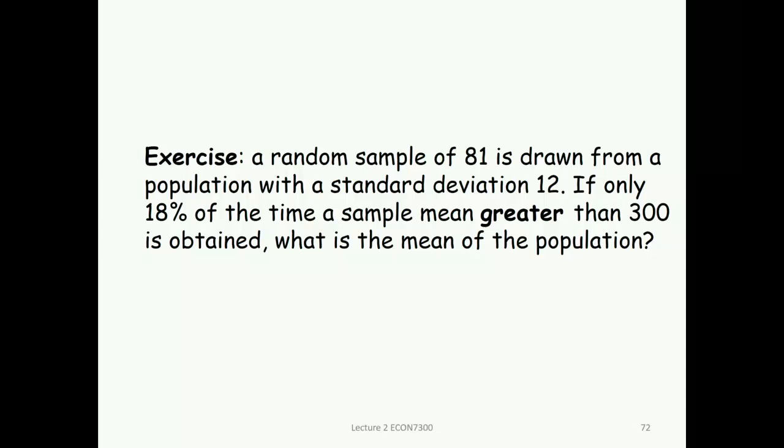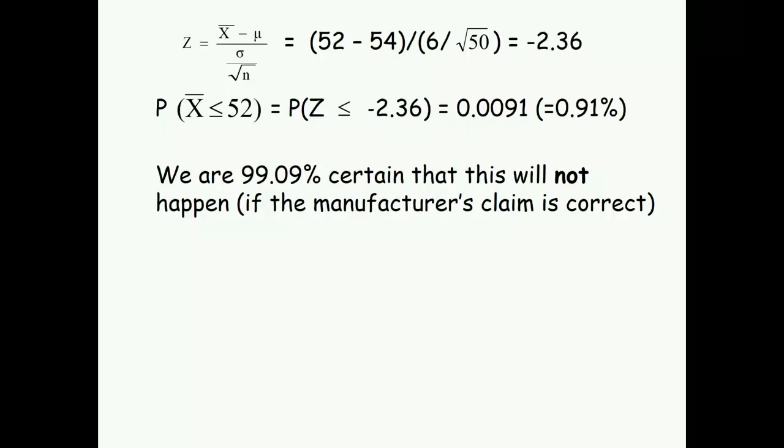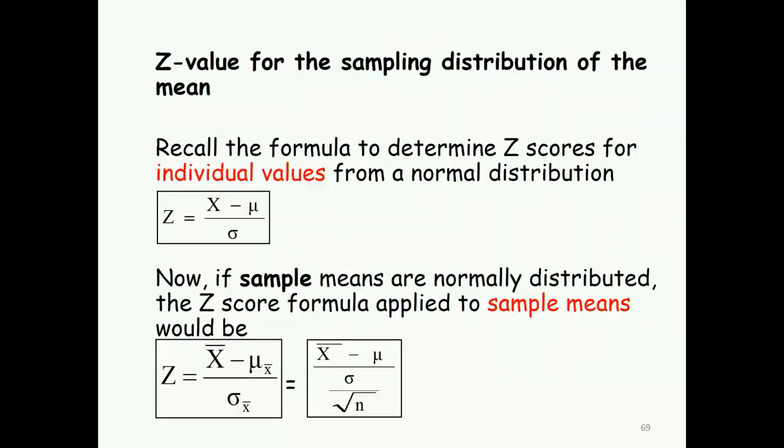Let's do another example, which is an exercise. A random sample of 81 is drawn from a population. The population has a standard deviation of 12. The sample is 81. If only 18% of the time a sample mean greater than 300 is obtained, what is the mean? Now the question is that tell me the mean value.